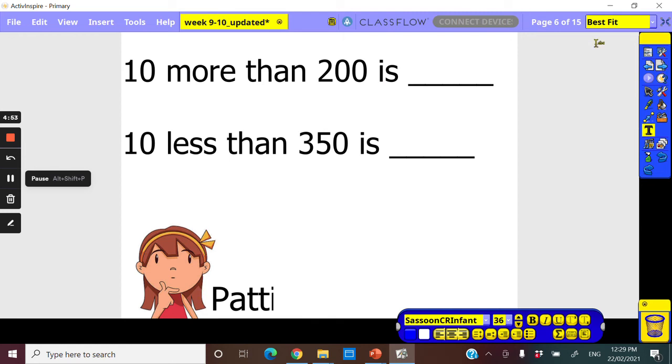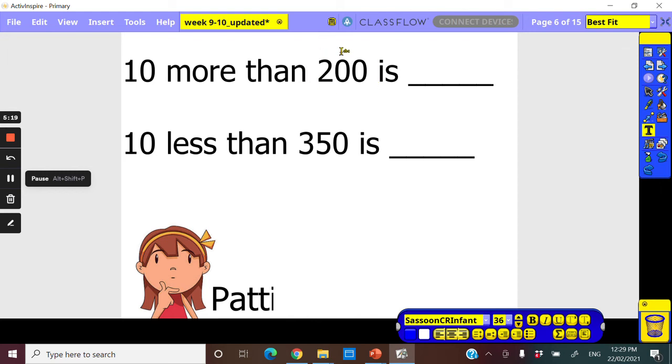10 more than 200 is something. 10 less than 350 is something. Tell me now, what column is going to change when we are adding and taking away amounts of 10? In the 200, which column?